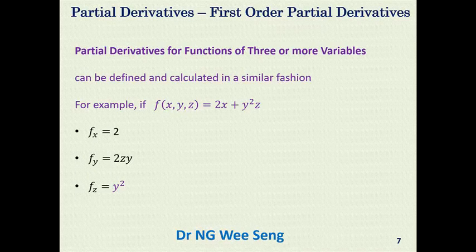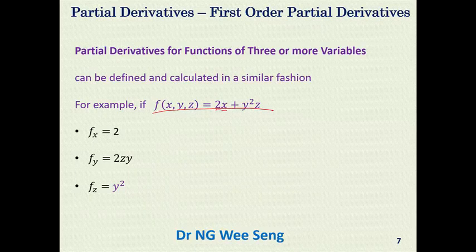Finally, we end the video with a function in 3 variables. Partial differentiation is done in a similar fashion. Each time we hold 2 variables constant and differentiate the function with respect to only 1 variable. Take this example f given by this expression. When you differentiate f with respect to x, y squared z is a constant and differentiating 2x gives us 2.